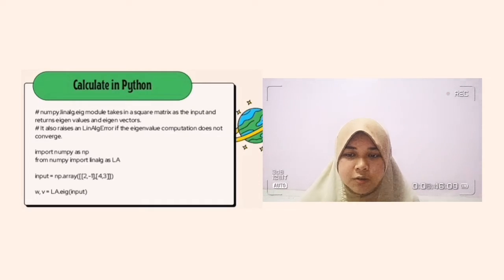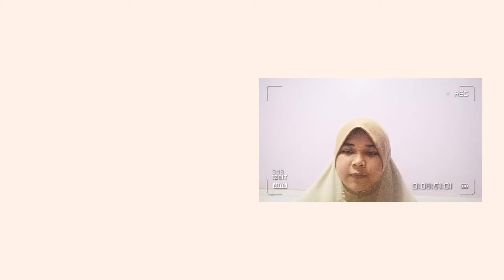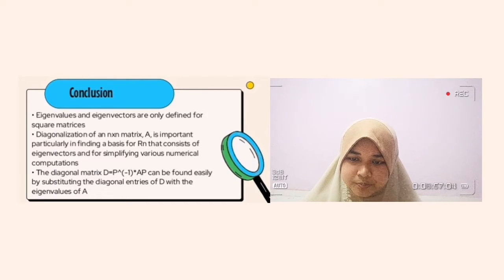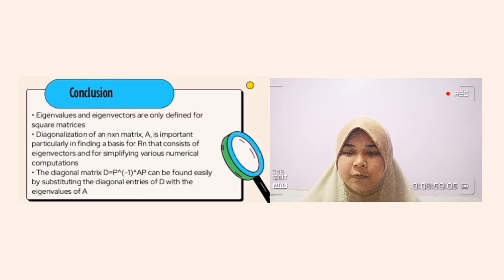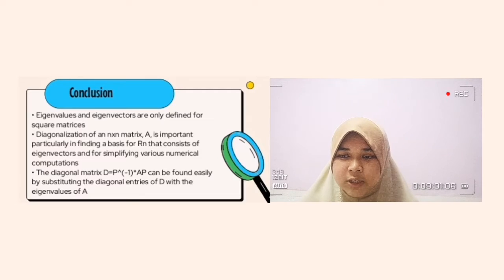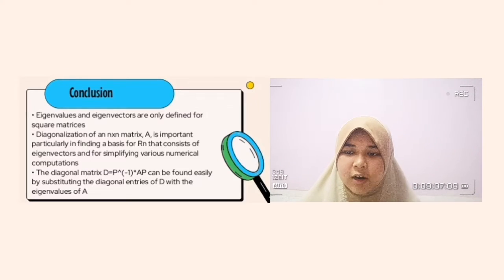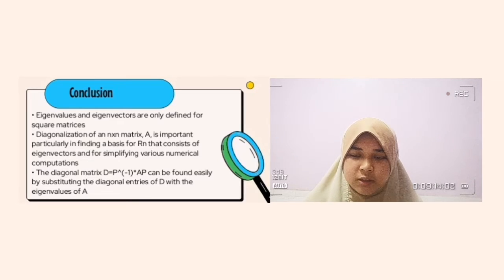And then for the conclusion, we know that eigenvalues and eigenvectors are only defined for square matrices. The diagonalization of an n times n matrix A is important, particularly in finding a basis for Rn that consists of eigenvectors and for simplifying various numerical computations.